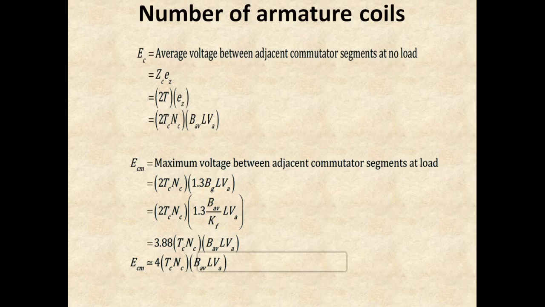Thereafter, making the standard substitution of KF as 0.66 or 0.67, we will be able to get this relation in a simplified form: 3.88 TC NC B average L into VA. This can be approximated as 4. Therefore, the relation can be written as 4 TC NC B average L into VA.